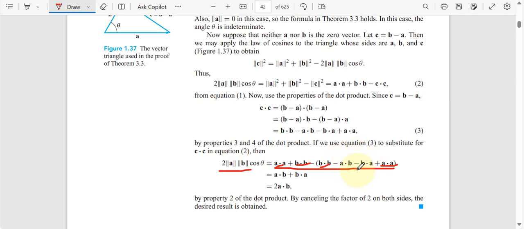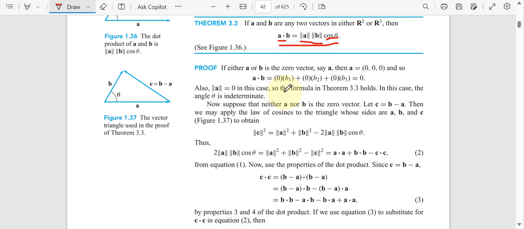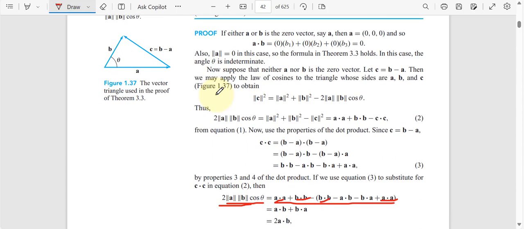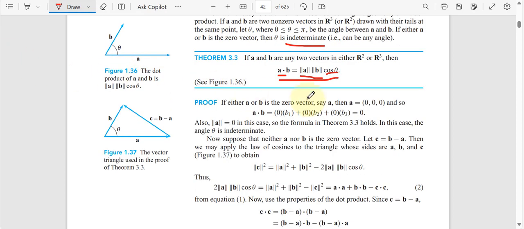We can commute these two. So we get 2 A dot B over here is equal to this. Then the 2's cancel, and we get the result that we wanted, which is that A dot B equals this part here. So you have to go through all of this to see it, and I recommend that you just read it quickly and make sure you agree with it. But anyway, that would be the proof of this very interesting result, that the dot product involves the cosine of the angle between the two vectors.